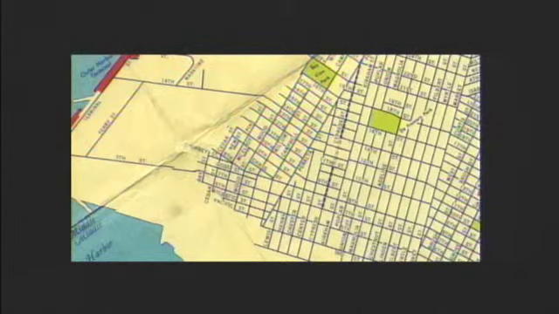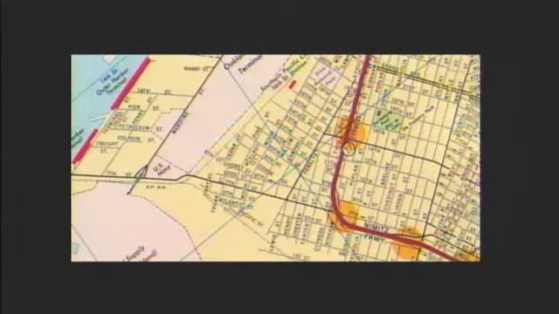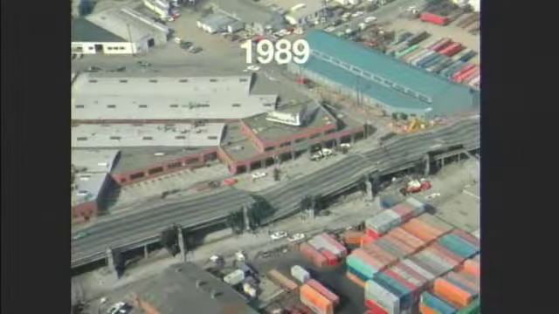Presumably what Shell Oil is interested in is what is shown in this 1967 Chevron map, which begins to show the encroachment of freeways into West Oakland. That vertical line there, the 17, is the Cypress structure, which you may remember from the 1989 Loma Prieta earthquake that hit San Francisco about 20 years ago or so. This thing was widely reviled for having cut that neighborhood in half.